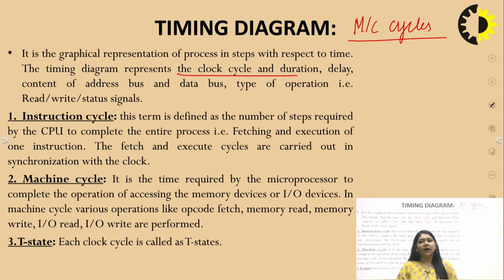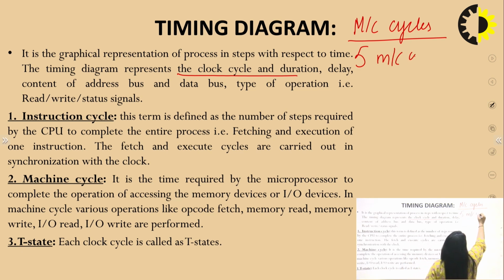Suppose the time required to fetch something: the microprocessor will be fetching the opcode first, and after that the operands will be fetched. So the very first machine cycle will be our opcode fetch. There are 5 machine cycles in total. So first is our opcode fetch.